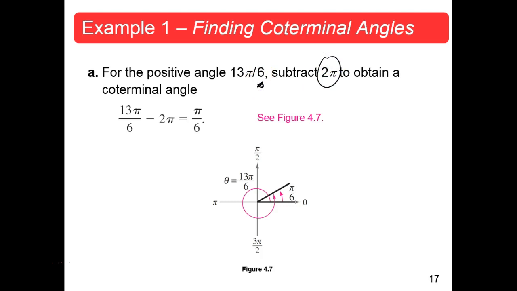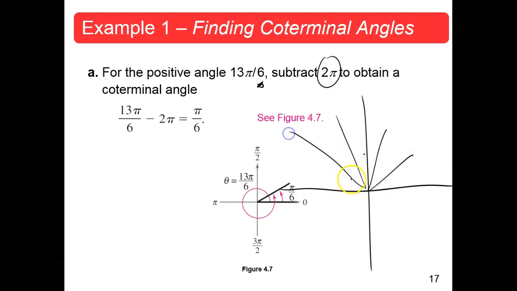How many sixths of a π is 2π? Here's 1/6 π, 2/6 π, 3/6 π, 4/6 π, 5/6 π, 6/6 π. That's 1π. Then 7/6 π, 8/6 π, 9/6 π, 10/6 π, 11/6 π. One revolution, how many sixths of π is that? 12, exactly. 12/6 is 2. So this would be 12 divided by 6. That's 2π.